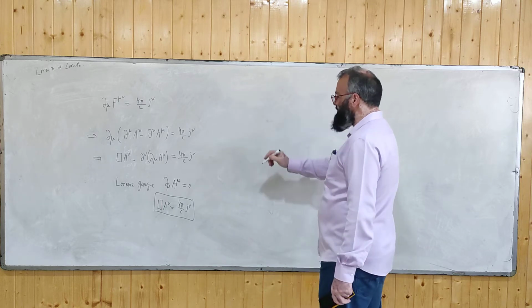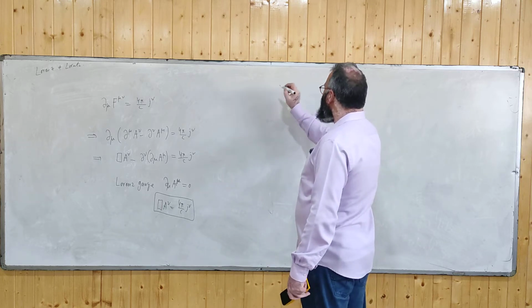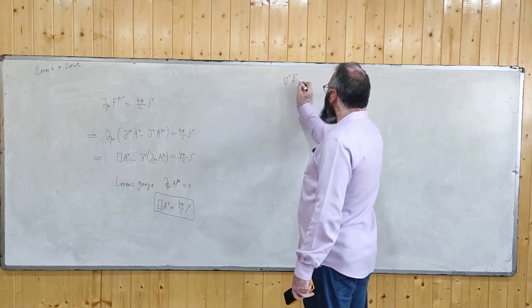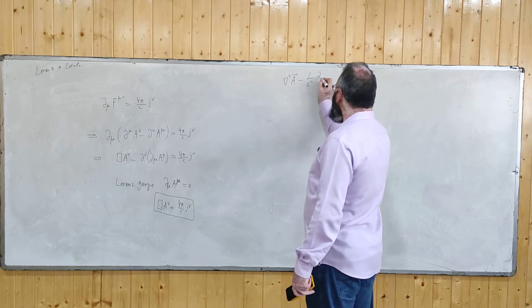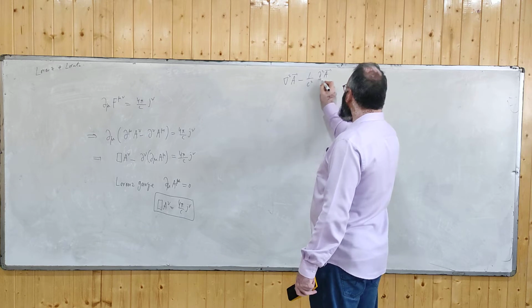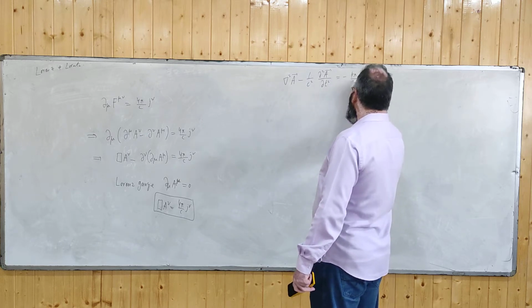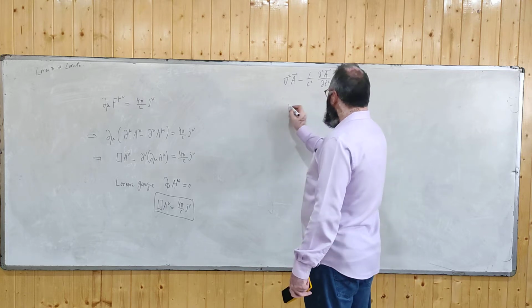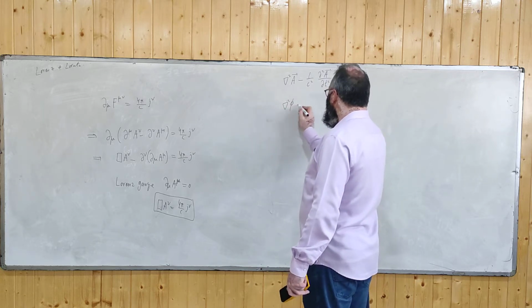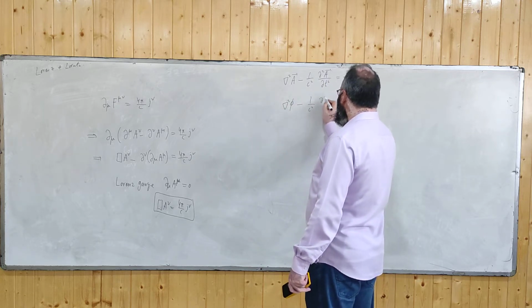So this equation turns out to be, can anybody? Nabla squared A minus 1 by c squared, so this we have already written, equals minus 4 pi by c times J, and you are having nabla squared phi minus 1 by c squared.